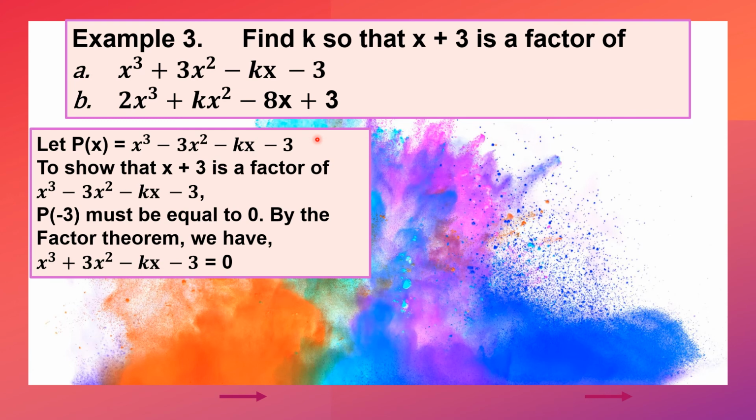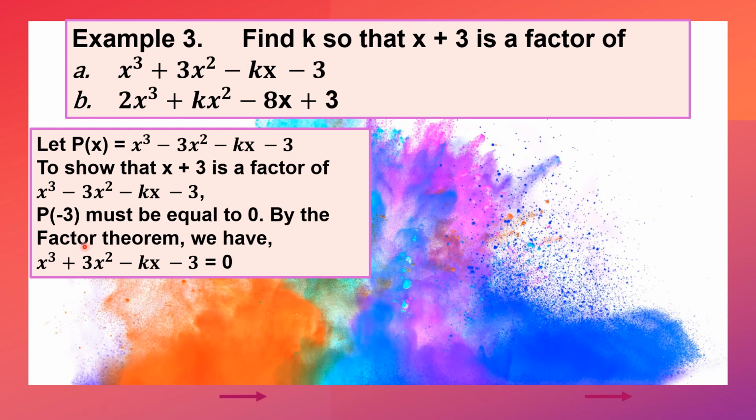So for the solution, we let P of x equal x cubed plus 3x squared minus kx minus 3. To show that x plus 3 is a factor, P of negative 3 must be equal to 0.